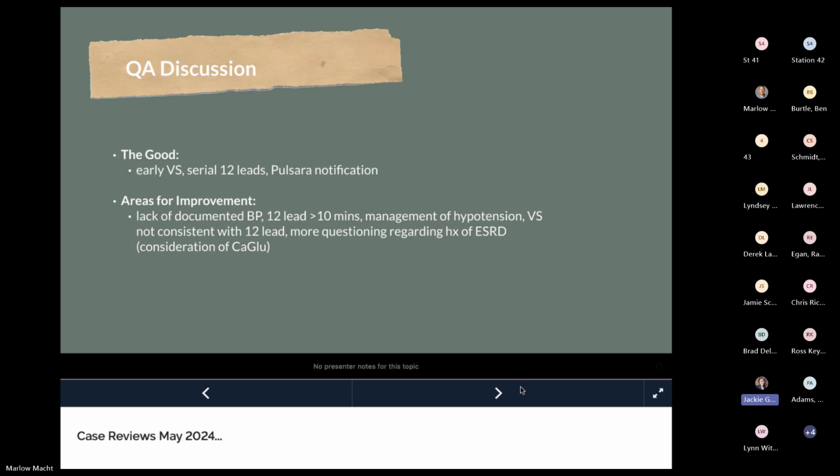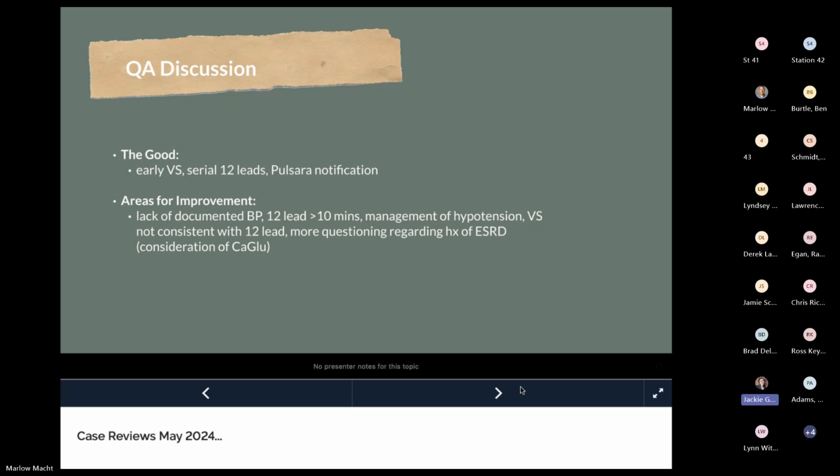They mentioned that the patient was hypotensive, but I never saw any IV fluids or any escalation of care in regards to the hypotension, as I think the blood pressure they recorded as being normal was actually spurious, not accurate. The vital signs were not consistent with the 12 lead, and more questioning regarding the history of end-stage renal disease, especially consideration of calcium gluconate.